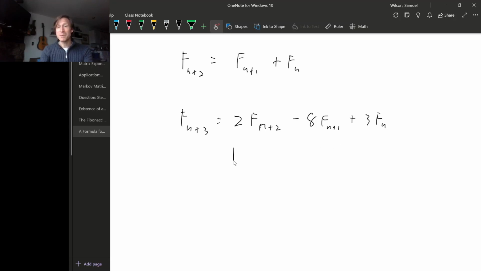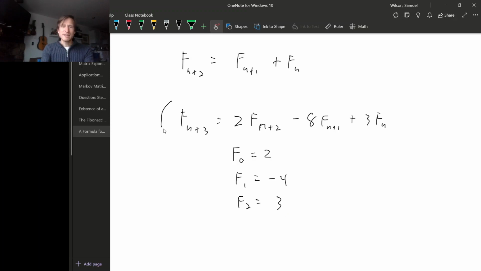And you could make up any starting values, so maybe f sub 0 is 2, and they don't even have to be positive. f sub 1 could be minus 4, and f sub 2 could be 3, whatever.